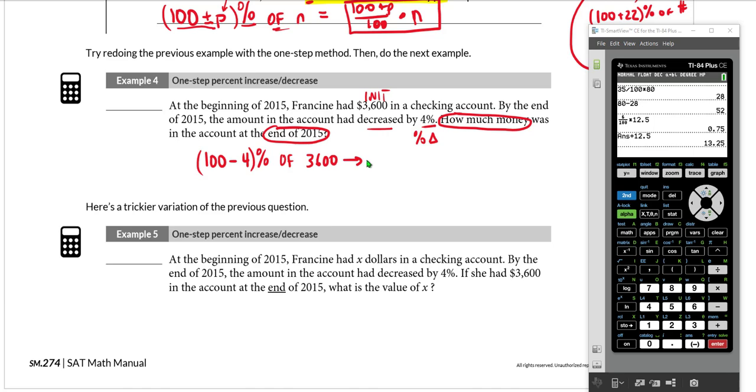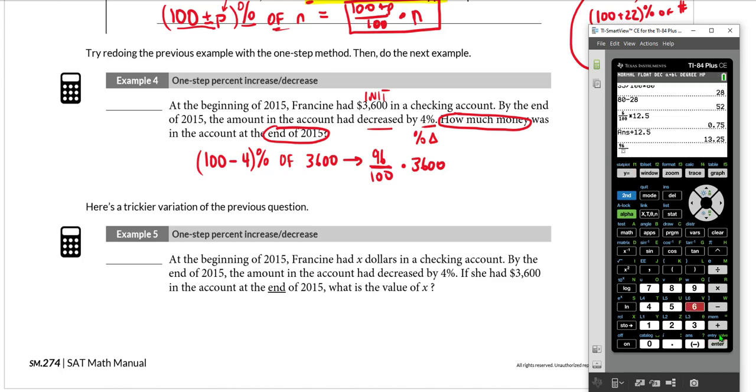And mathematically, what does this look like? It looks like 96%. That 96 is 100 minus 4, so 96% of 3,600. So decreasing 3,600 by 4% is exactly the same as taking 96% of 3,600. I'm just going to type that right into the calculator. So what do I have here?